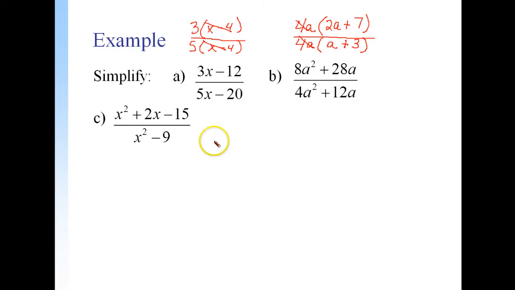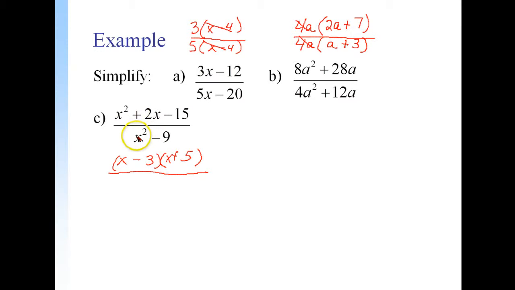And then over in this one, I'm going to factor that. And I'm looking at the signs. I need a plus there and a minus there.